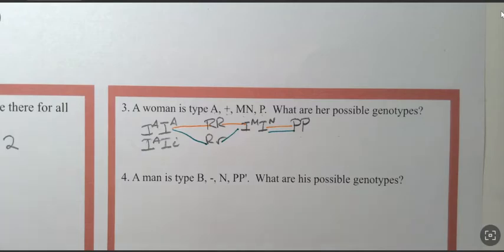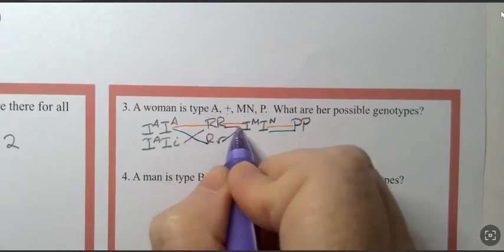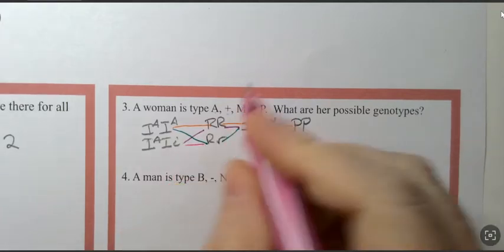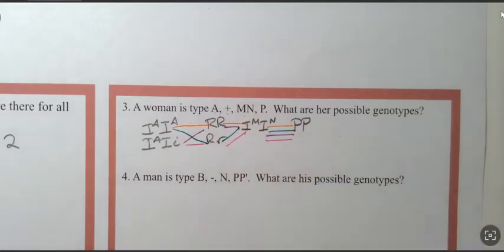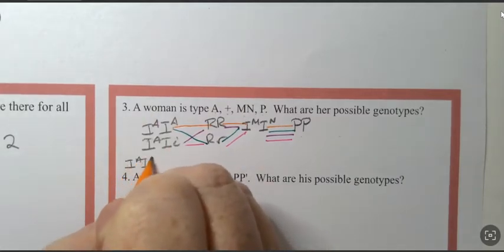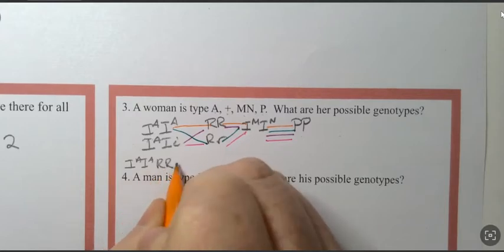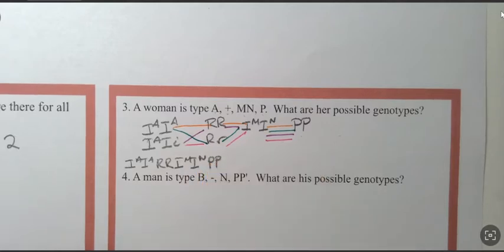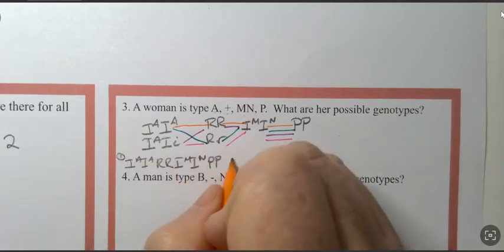But I could also start with this one and go this way, or this way. So there are 4 different genotypes. It can be I big A with a big R, I M, I N, P, P. That's one of them. Another one.